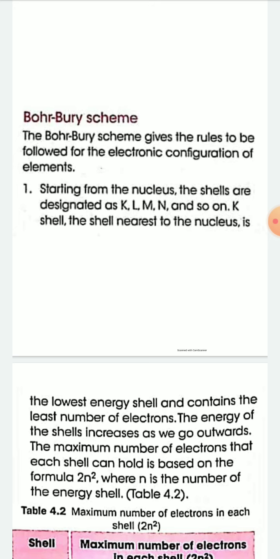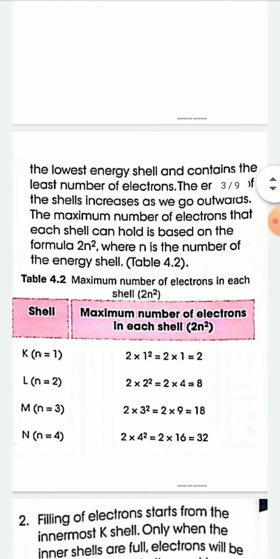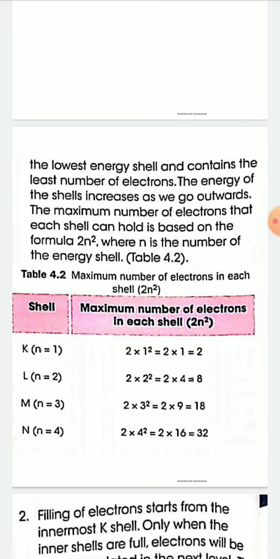And the maximum number of electrons that each cell can hold is based on the formula 2n square. It is an important formula. By using this formula, you can say what is the total number of electrons in a particular energy level or in a particular cell.